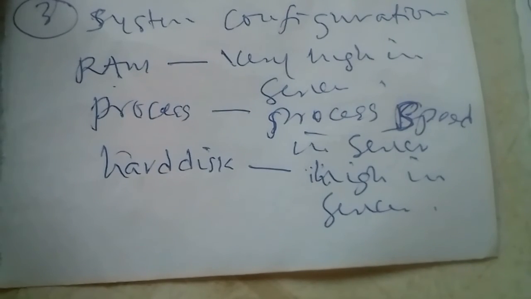But when it comes to a client workstation, all you need to do is to install or look for a workstation that has normal configuration. What I mean by normal configuration is a configuration that can make it perform its work effectively.